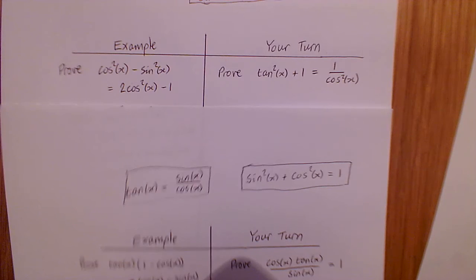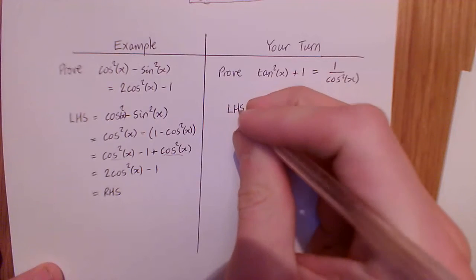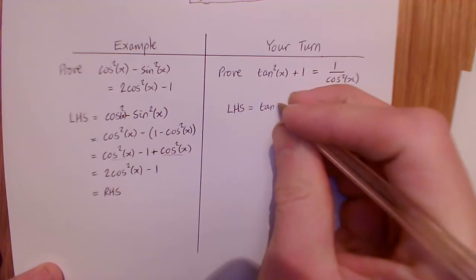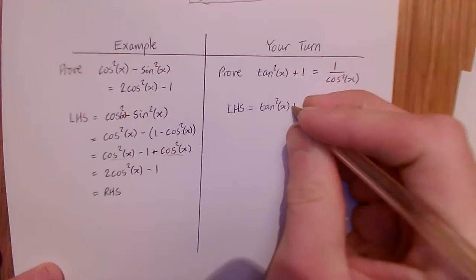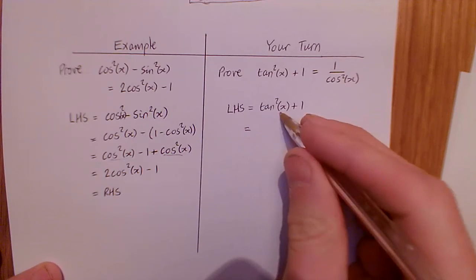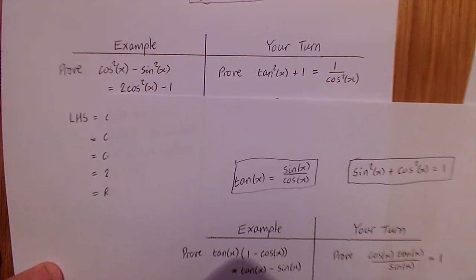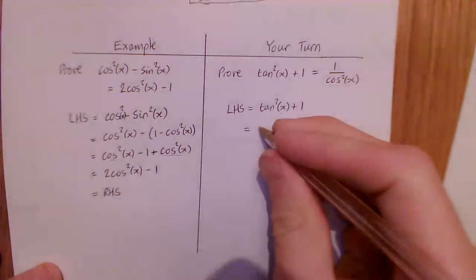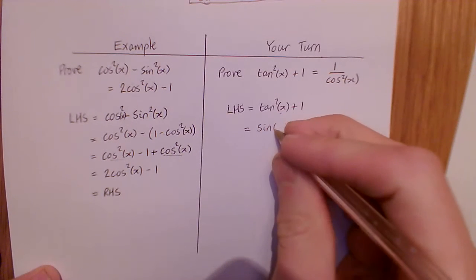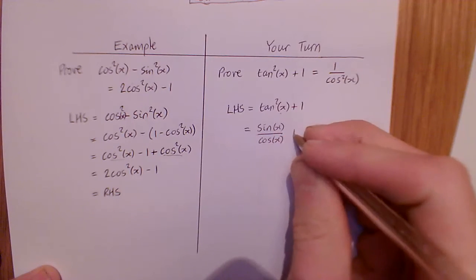Great, so hopefully you paused, you've had a go. The left-hand side equals tan squared x plus 1. Now, there's not much I can do with that, but I have got a tan x, and so that first identity, tan x equals sine x over cos x, is going to come in. So that is sine x over cos x plus 1.